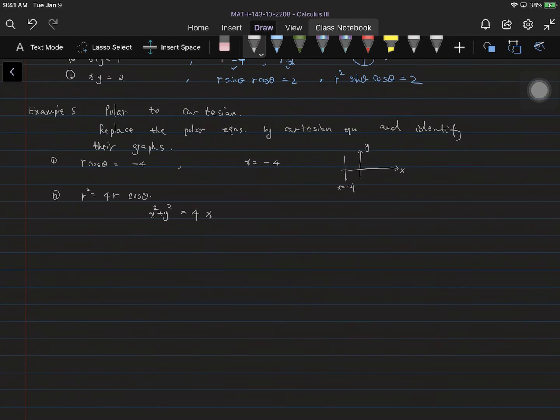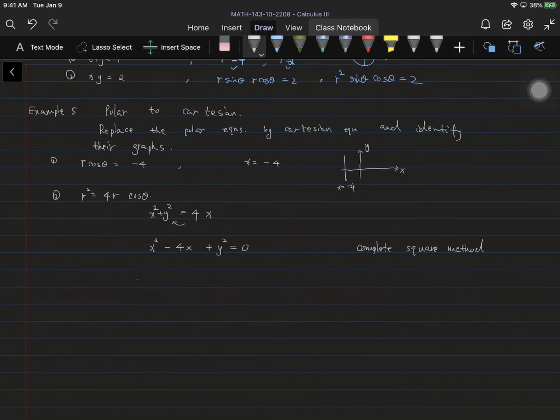Is that correct? So now we move 4x to the left side and combine with x squared. So I'm going to write down x squared minus 4x plus y squared equals 0. Next, we are going to use the complete the square method. I'm going to show you how to do that.